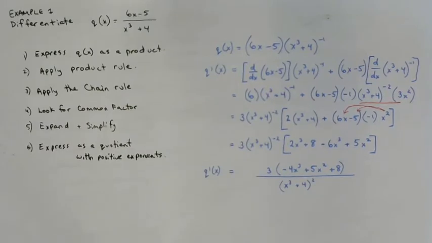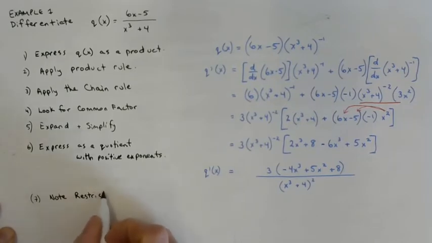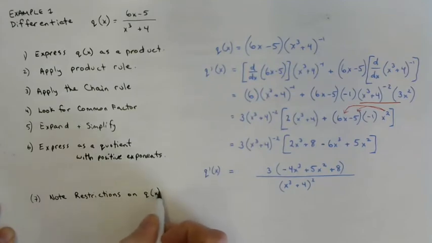And next thing we were asked to do is note the restrictions. So step 7, note restrictions on q of x.